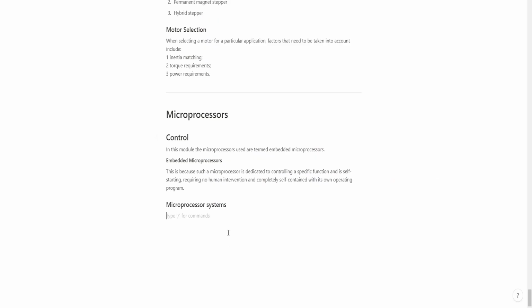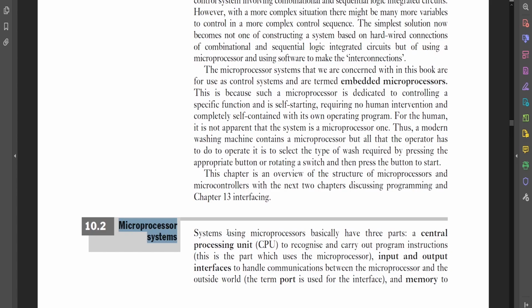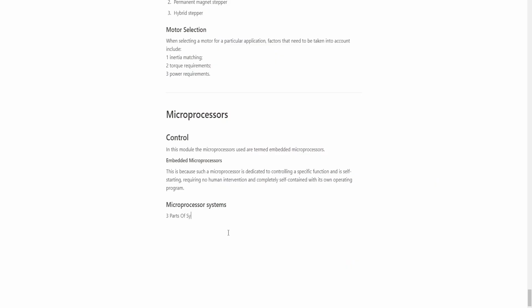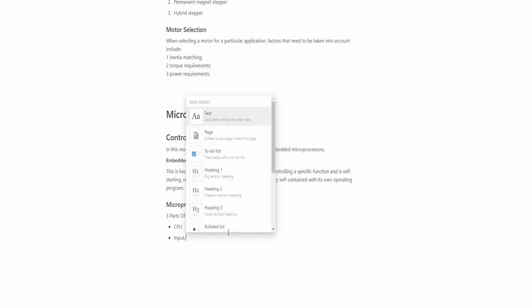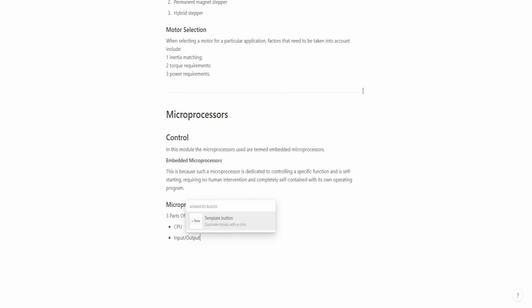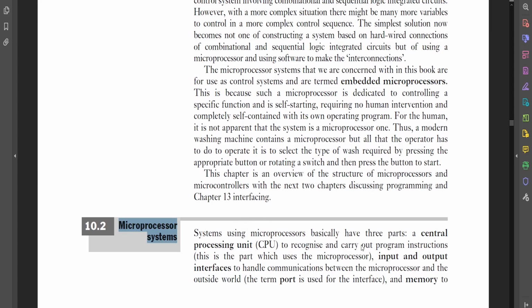So 3 parts of systems: CPU, input output, and memory. Sorry, I can't type. I need to get a different keyboard.